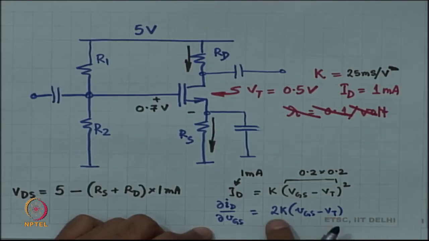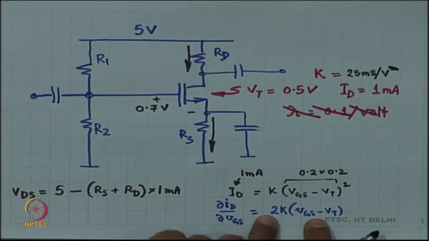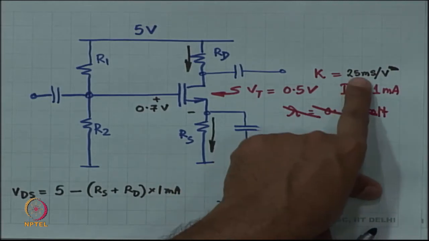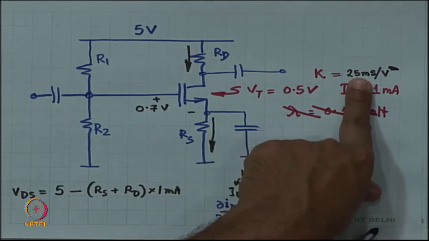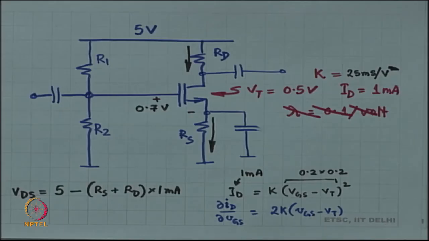VGS minus VT was 0.2, 0.2 times 2 times K. So, 0.2 times 2 is 0.4 times K was 25 millisiemens per volt, right. 0.4 times 25 is 10 millisiemens.